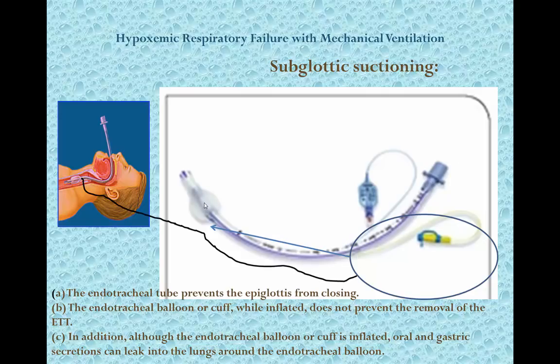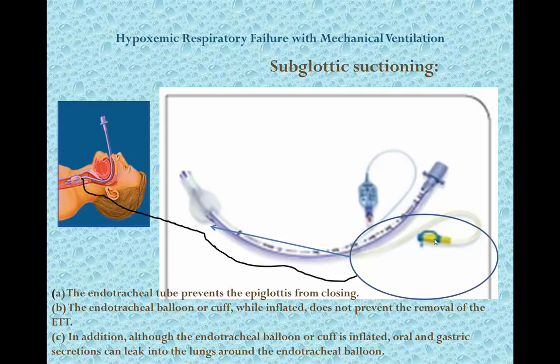So the balloon has to be inflated, as we mentioned, to that 20 millimeters of mercury plus or minus 5. And that's what this port is here. This goes to the balloon. And you could put more air or take out air through this port right here. Notice there's another port that I've circled. Not all endotracheal tubes come with this port.